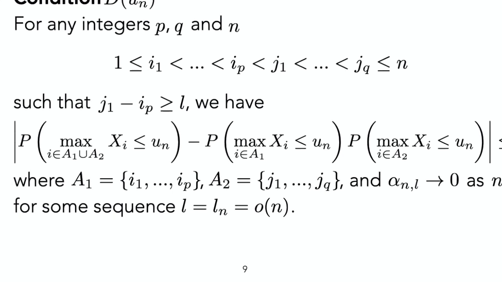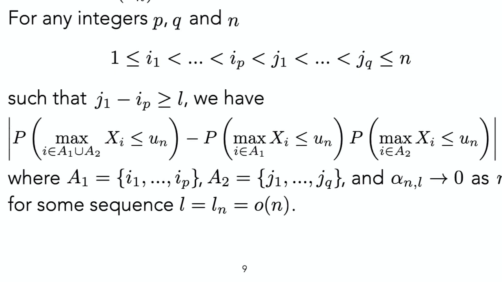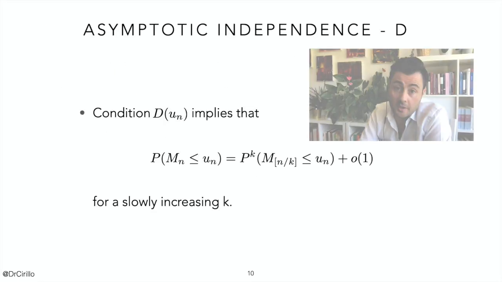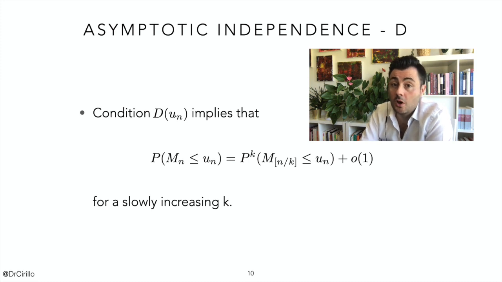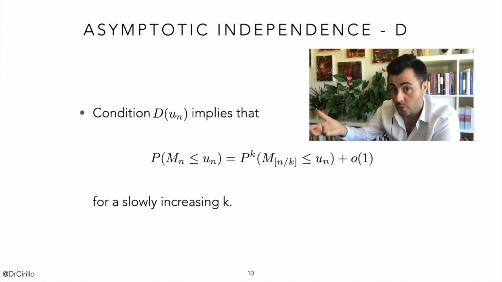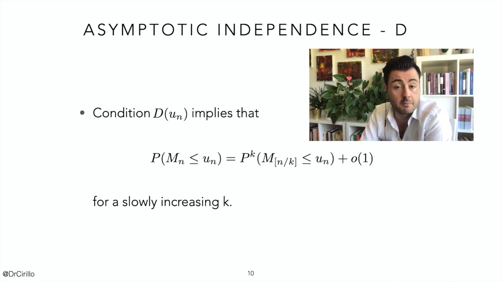In fact, their joint behavior corresponds to the product of the marginals. In other words, we are imposing a condition on the blocks of the block maxima approach, which we know is one of the approaches we can use to play with maxima, minima, and whatever we want in extreme value theory.